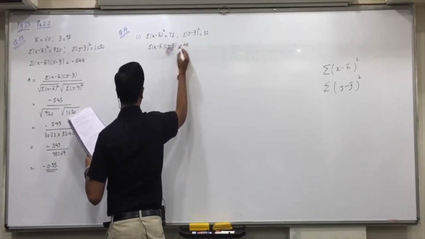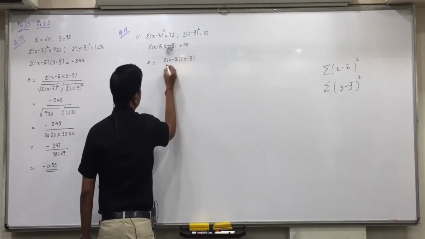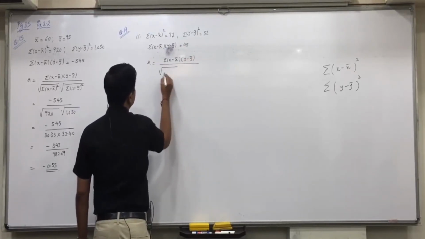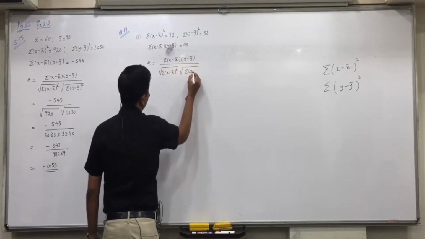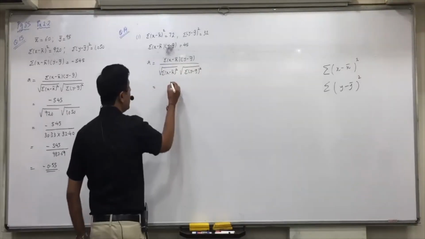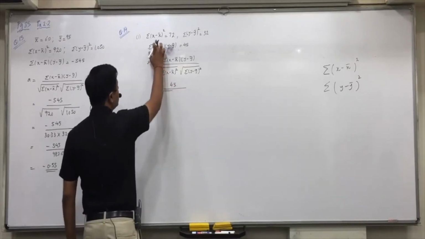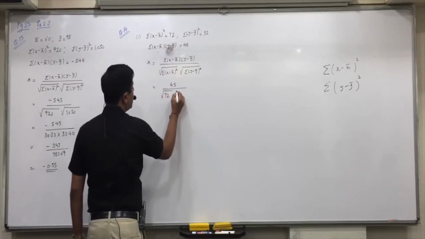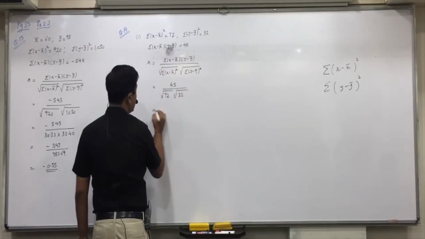So same formula again. Write down r is equal to sigma x minus x bar into y minus y bar upon square root of sigma x minus x bar whole square into square root of sigma y minus y bar whole square. Parthiv, put the values. Numerator is 45 upon square root of 72 into square root of 32.